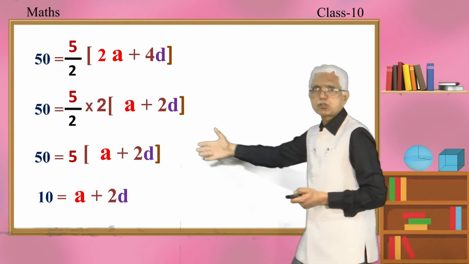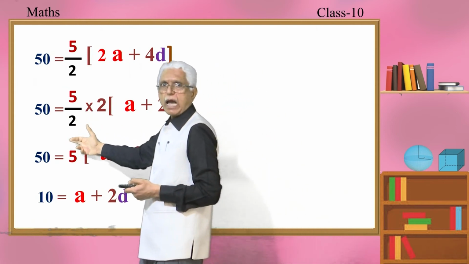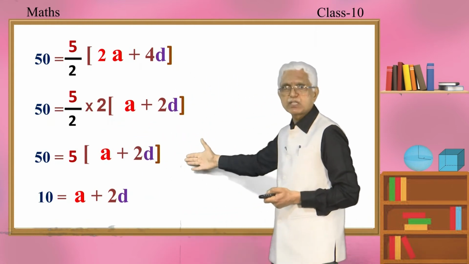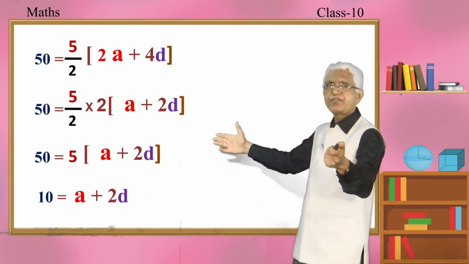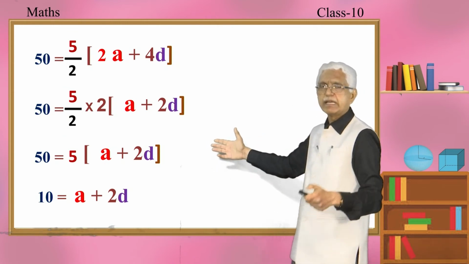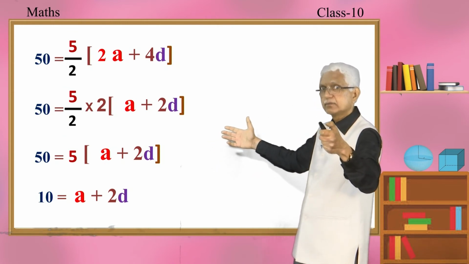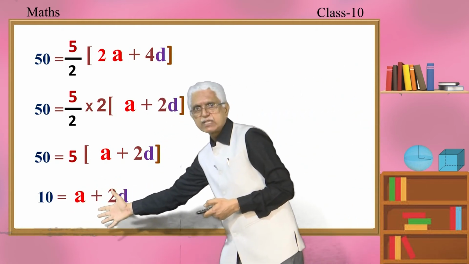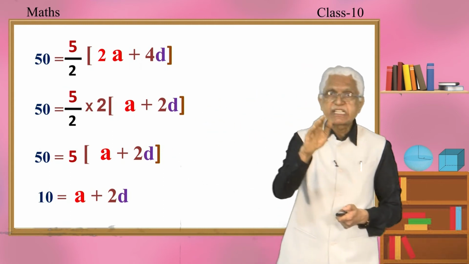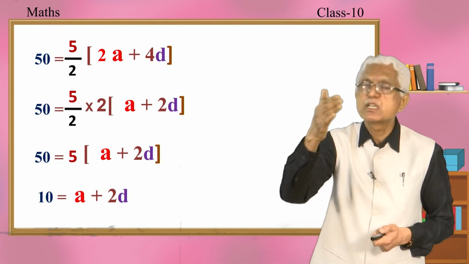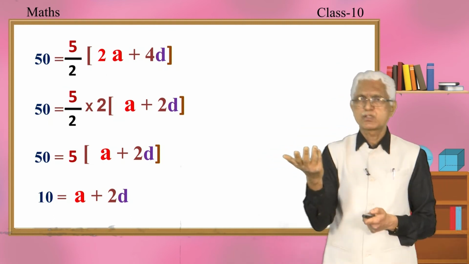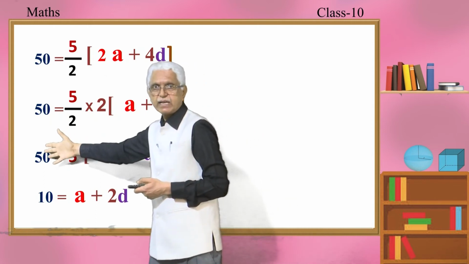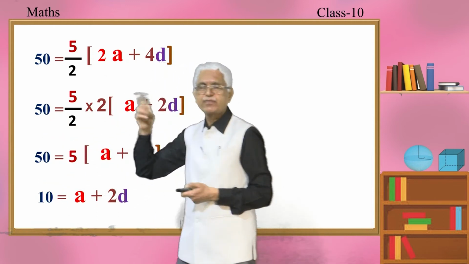Now this 2 and this 2 get cancelled, right? So I get 5 into a plus 2d, correct? So 50 is equal to 5 into a plus 2d. 5 10s are 50, so it is 10 is equal to a plus 2d, or you can also say a plus 2d is equal to 50 divided by 5. 50 by 5 is 10.